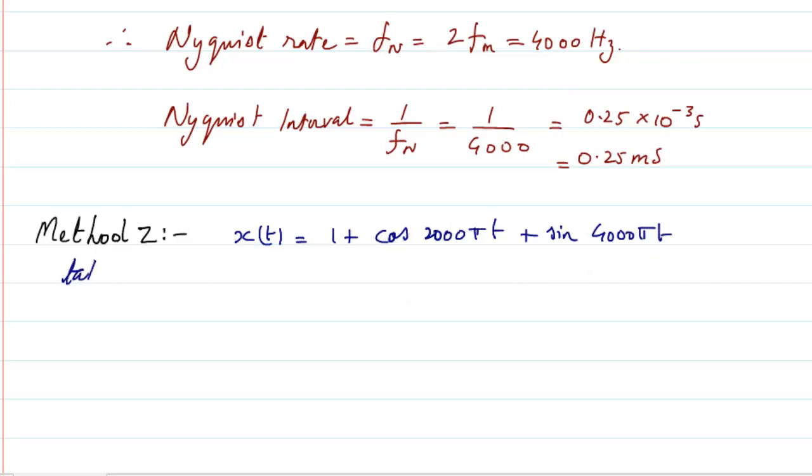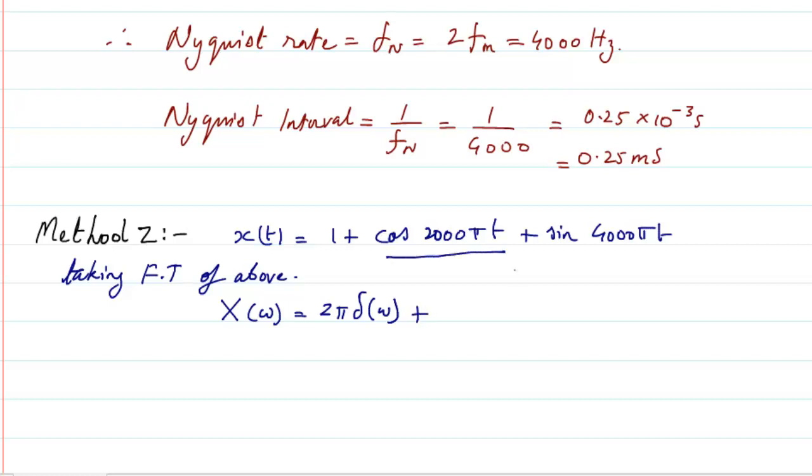So taking the Fourier transform of the above equation, what do we get? x of t becomes x of omega. If you take the Fourier transform of 1, you will get 2 pi delta omega, correct?